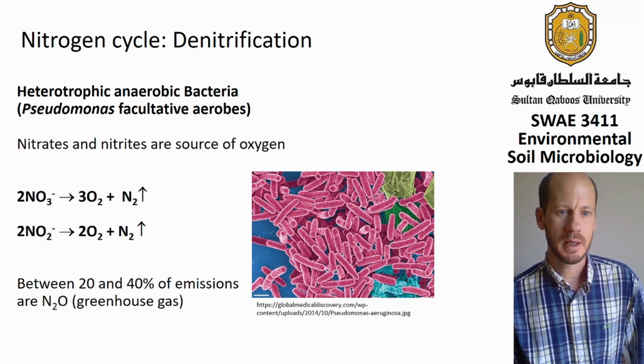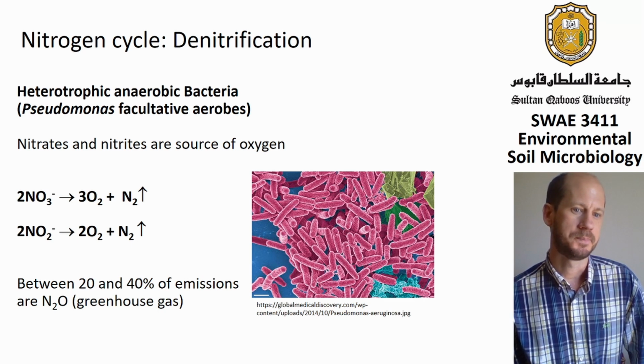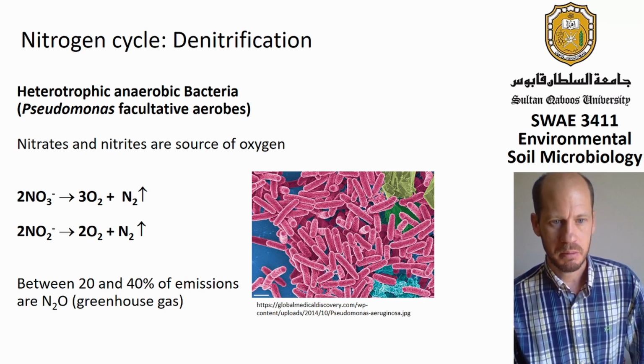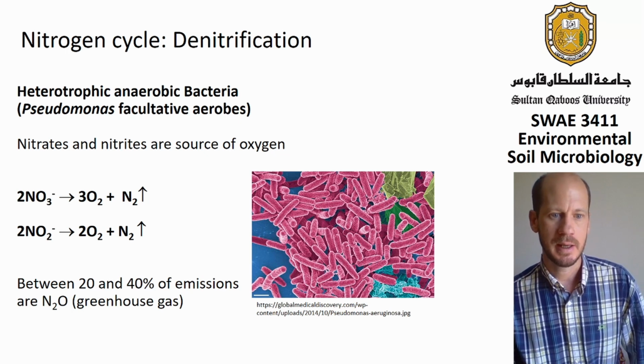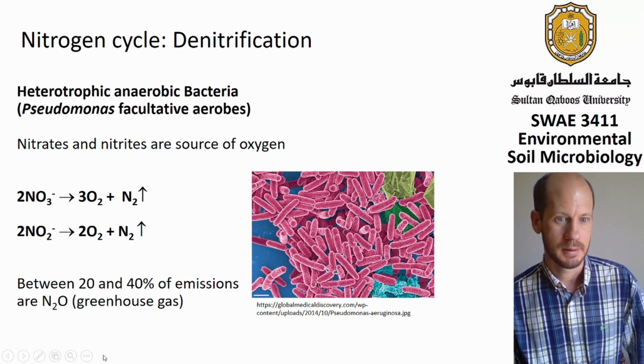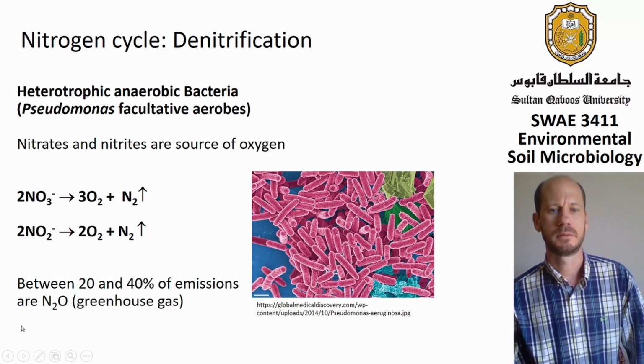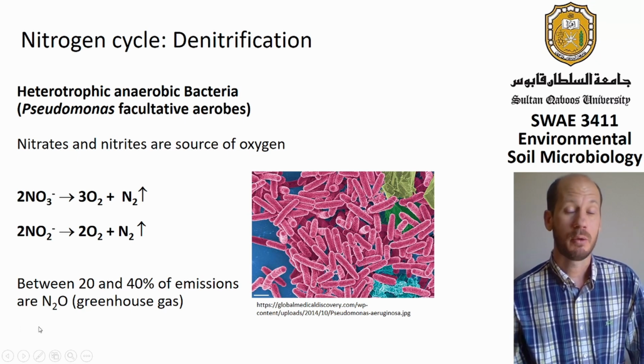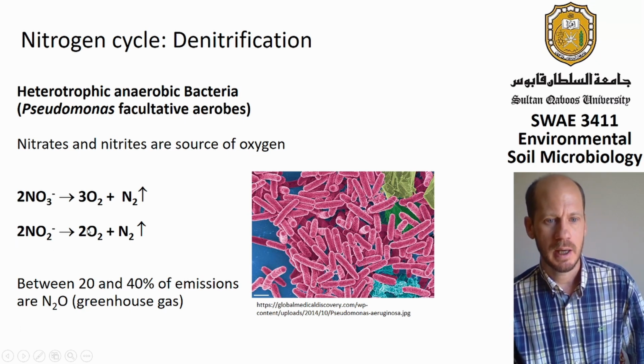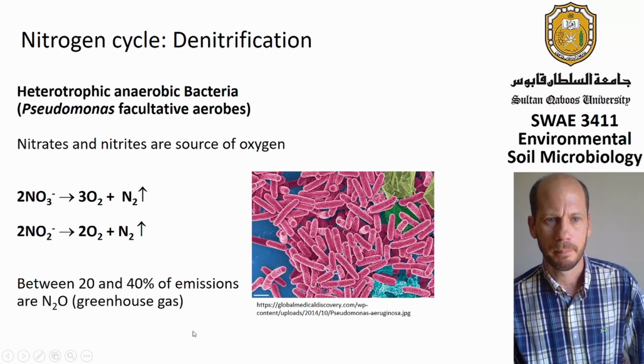And in this process, it emits N2 back to the atmosphere. Now, this process is not entirely efficient, and some of this nitrogen is emitted as nitrous oxide. And this nitrous oxide, as we spoke before, is a problem because it's a greenhouse gas, and it causes global warming.